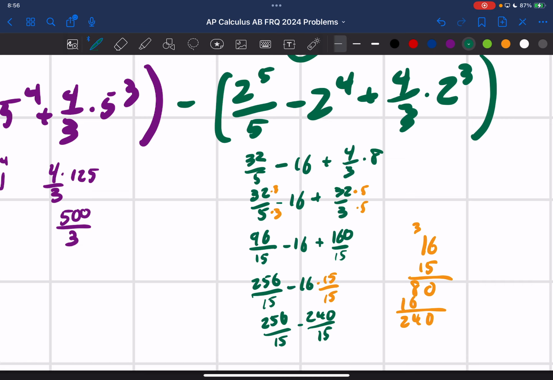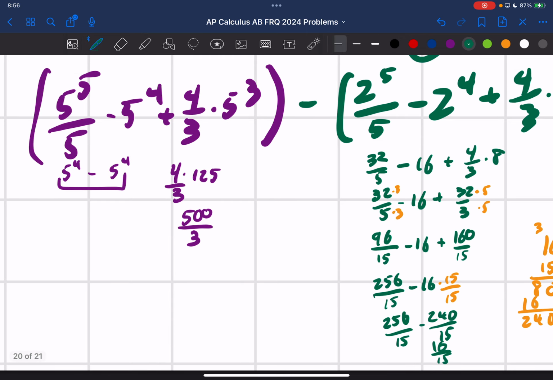So that is 16 over 15. So now we have to put them together. So 500 over 3 minus 16 over 15. So since I need a common denominator, multiply the first fraction by 5. So that's 2500 over 15 minus 16 over 15.